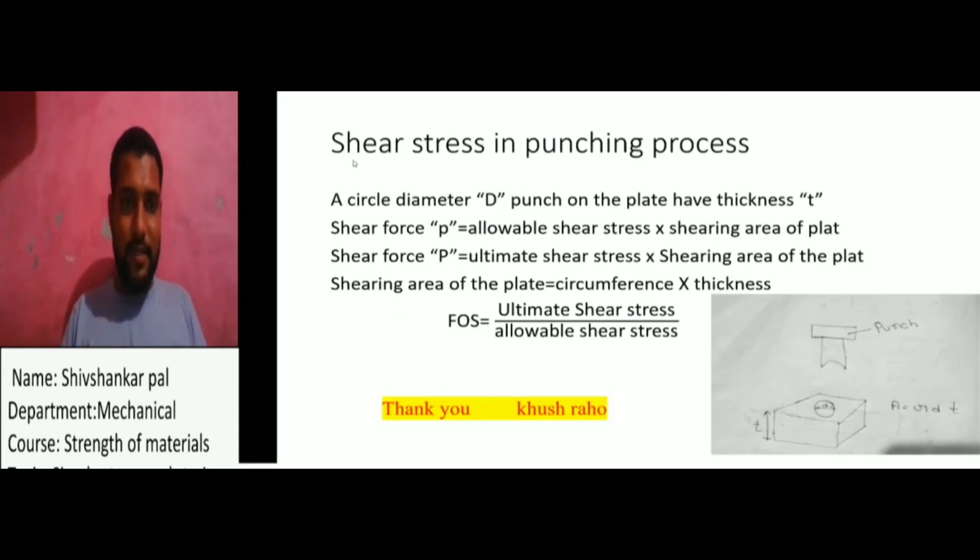What is shear stress? Our next topic is shear stress in the punching process. How does shear stress also occur in the punching process?